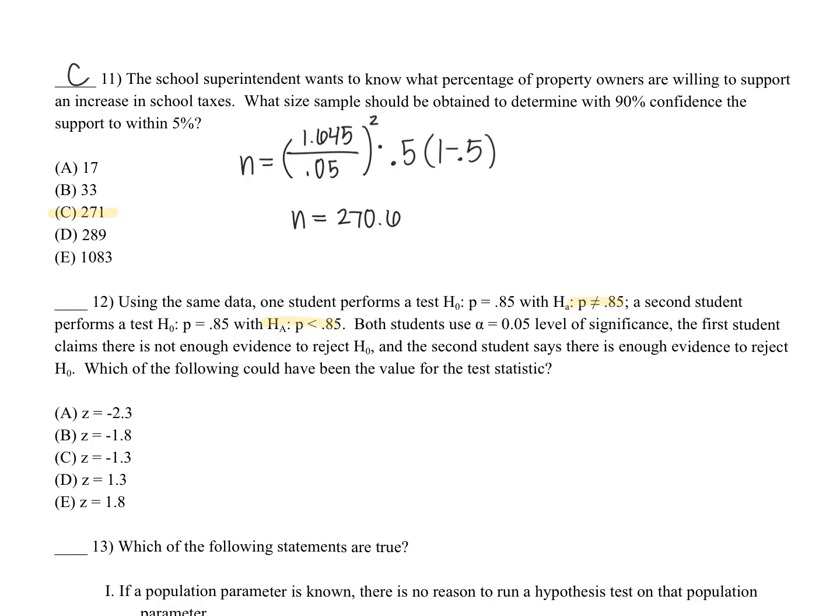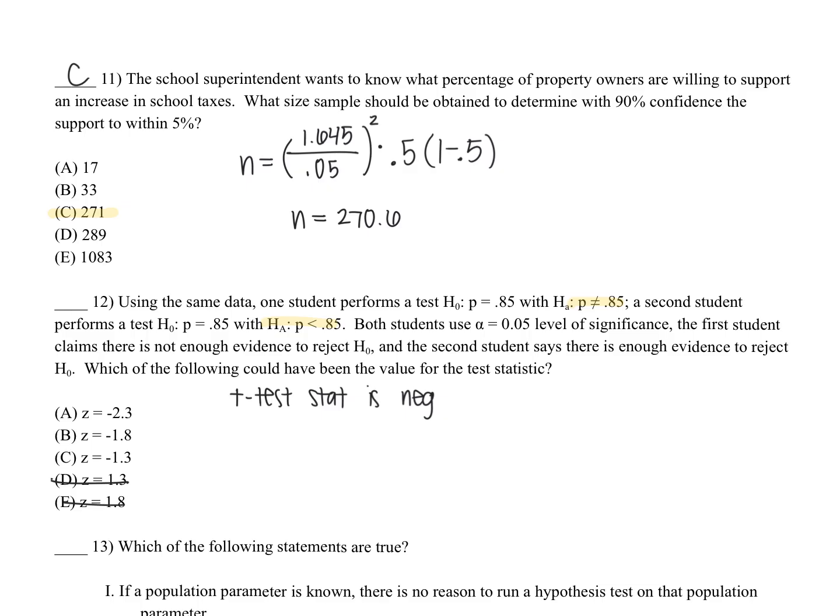Because they specified a direction of less than, our test statistic is negative. That is specifically because if you're less than, it needs to be negative. So you can get rid of D and E. The only other way to really determine which one could have been is to start doing normal CDF.